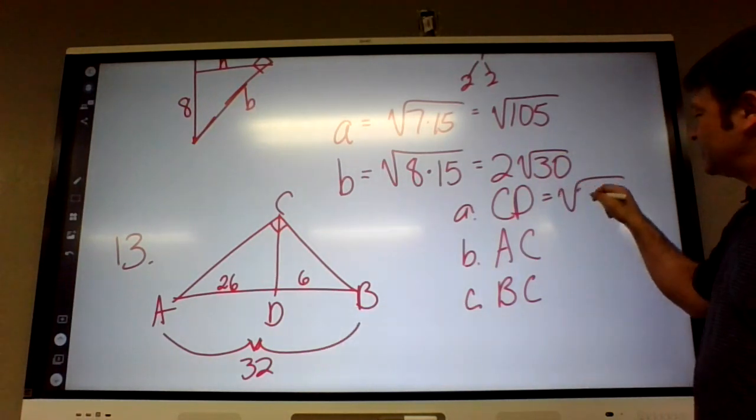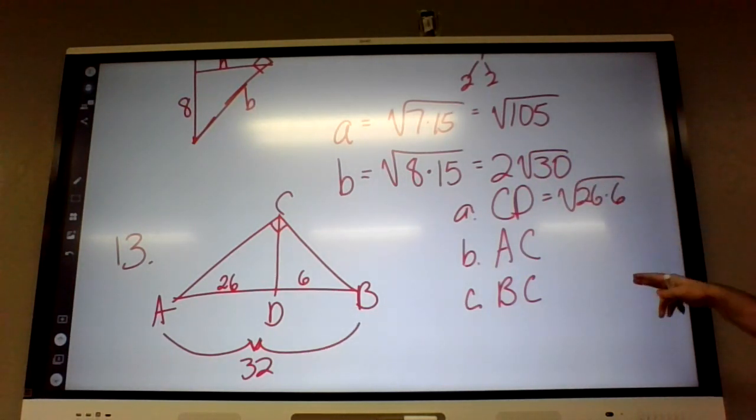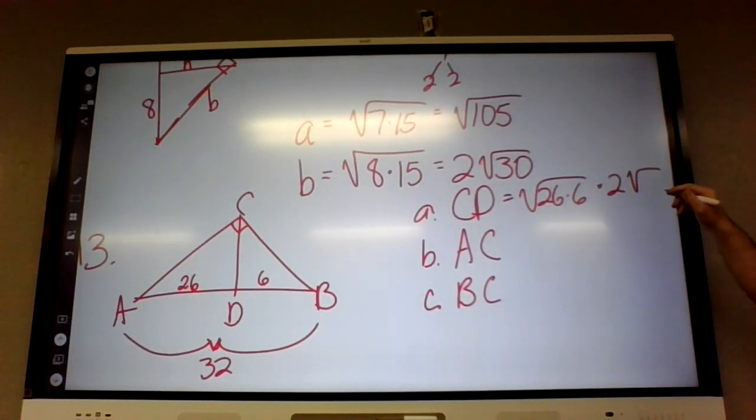Square root of 26 times 6. Right, that's what I was thinking. I just didn't want to say it because I don't remember what this is. 18 times 3. No, no, no. Or 2 square root of 39 maybe? Yeah, that's what it is.